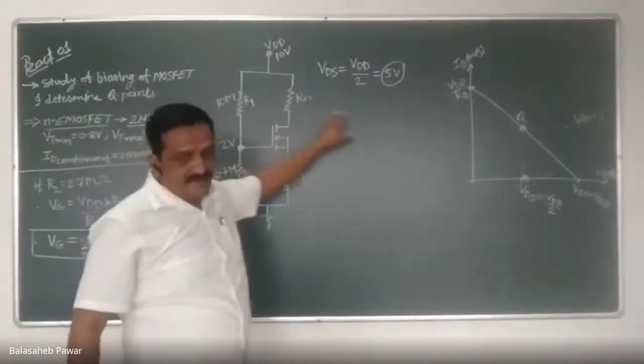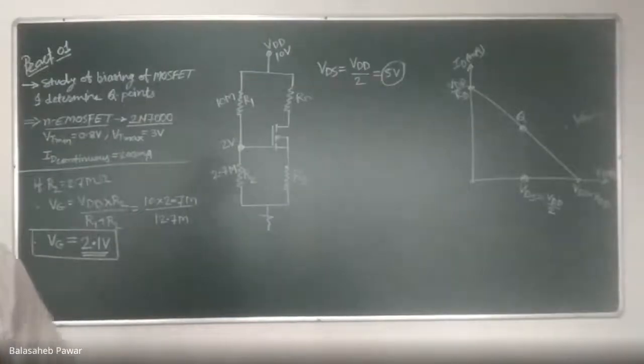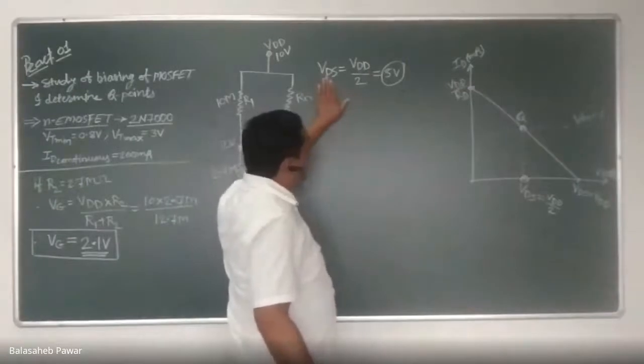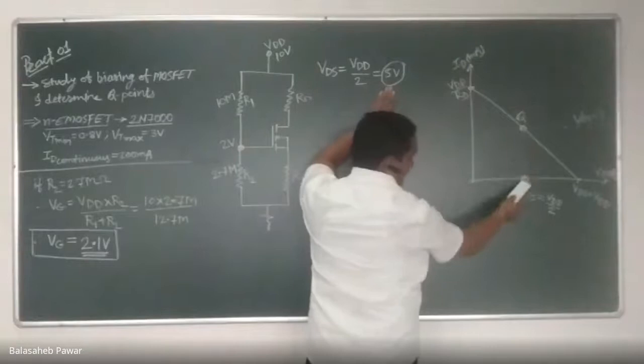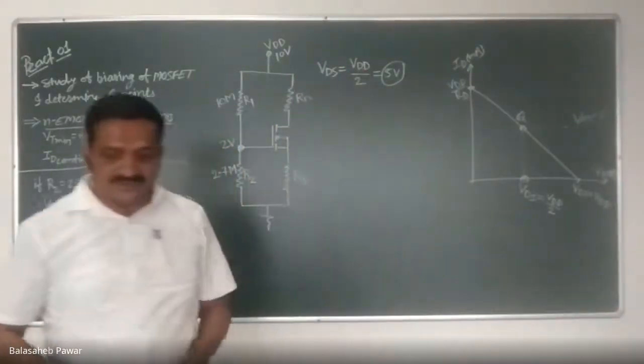To operate the transistor as an amplifier, it should operate at the center of the load line, and that's why the obtained VDS should be half of VDD. VDD is 10, and that's why its half will be 5 volts, right?